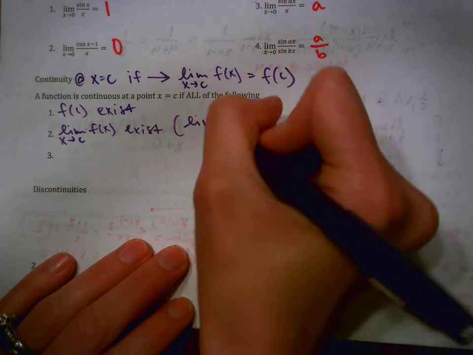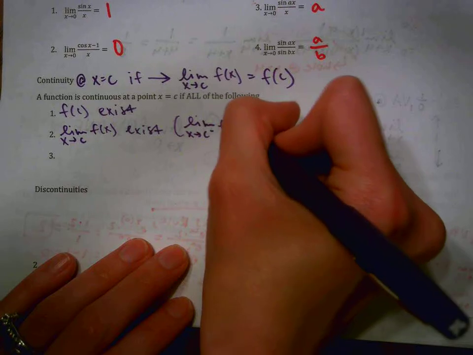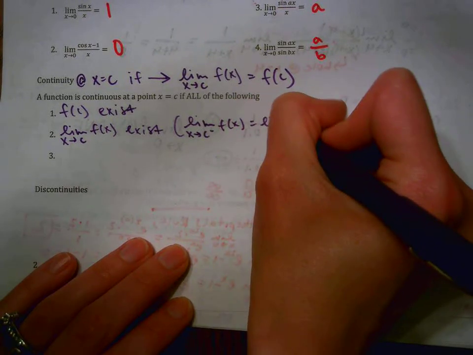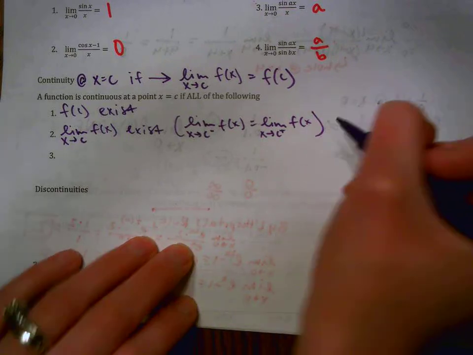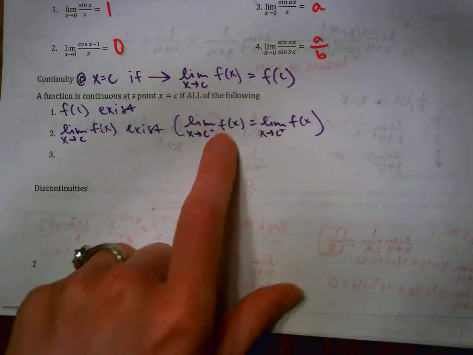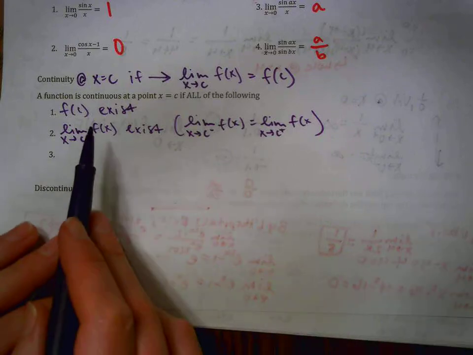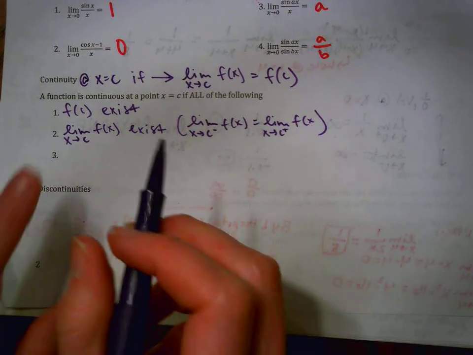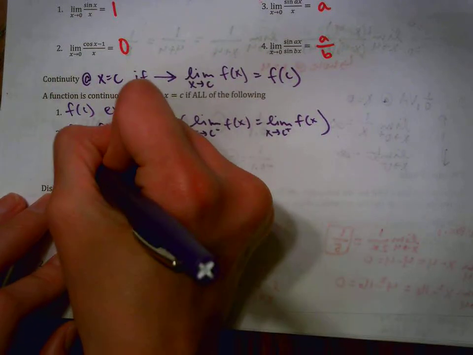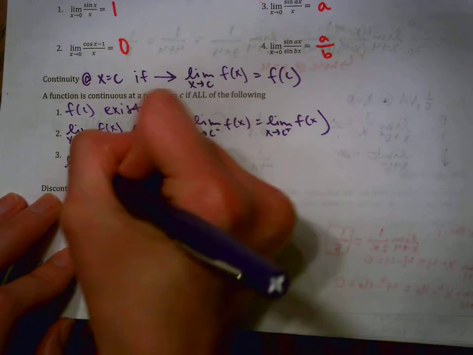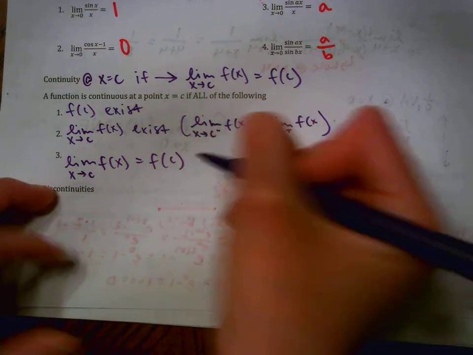You need to make sure the limit as x approaches c from the left equals the limit as x approaches c from the right, which direct substitution takes care of. If those two exist, they need to be equal. So your third step is to show that the limit equals the y value.